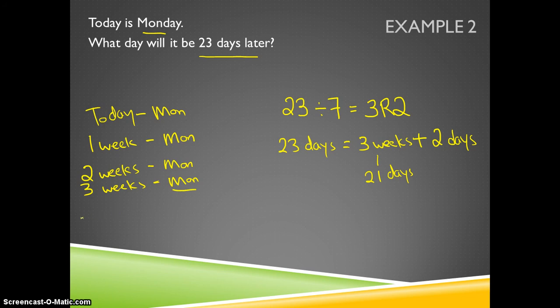So then 2 days after Monday, because I have 2 extra days, so 23 days is 3 weeks and 2 days. So 3 weeks later, it will still be Monday. 2 days later, Monday, Tuesday, Wednesday. So my answer is Wednesday. Simple, right?